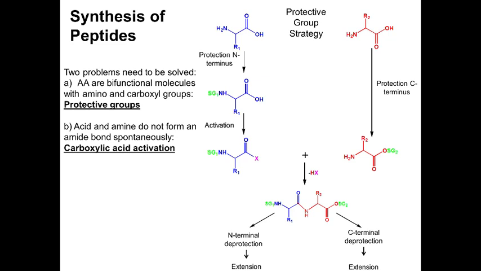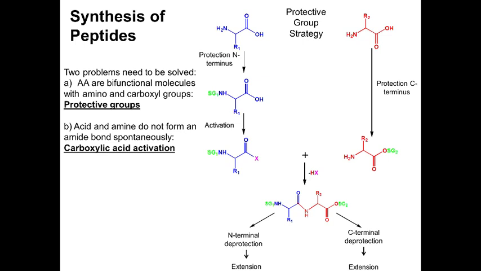As shown here, the blue amino acid should form the N-terminus and the red amino acid should form the C-terminus. So that means we don't want a combination with the red one forming the N-terminal amino acid and the blue one forming the C-terminal.